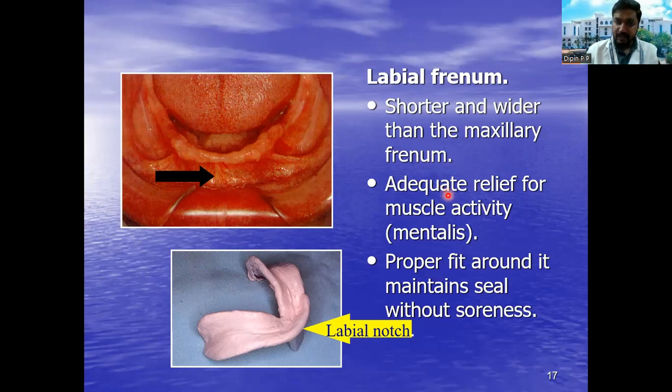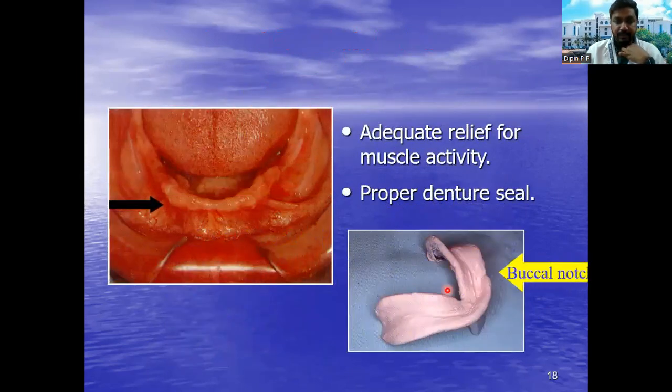As we give relief in the denture, adequate relief should be given for the mandibular frenum also. Mandibular frenum is mainly a muscle attachment, the mentalis muscle attachment. So if the relief is not given, it will result in soreness of the mucosa.